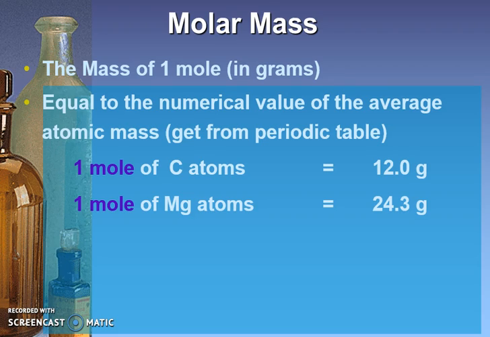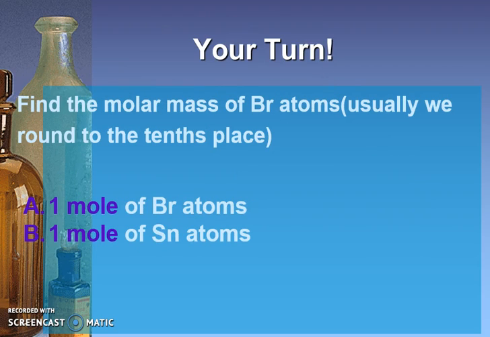For magnesium, 24.3. For copper, 63.5. So we're going to find the molar mass of bromine. By looking at the periodic table, we notice that the mole of bromine is 79.9. And for tin, the mole of tin is 118.7.